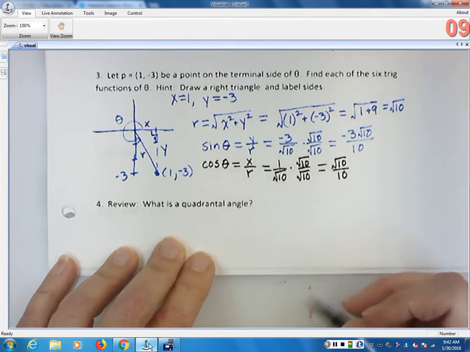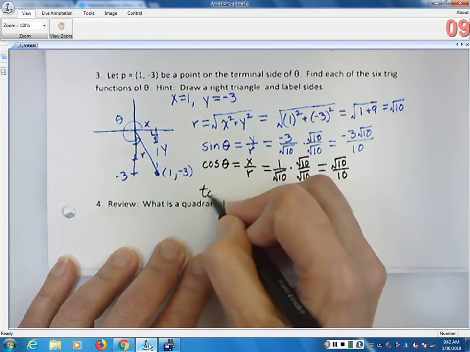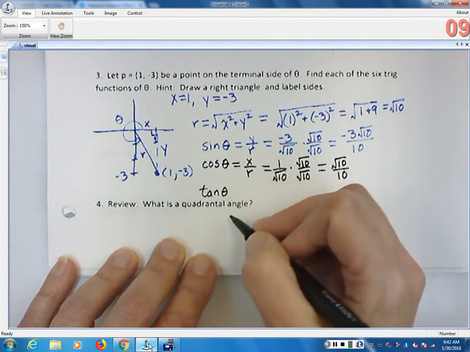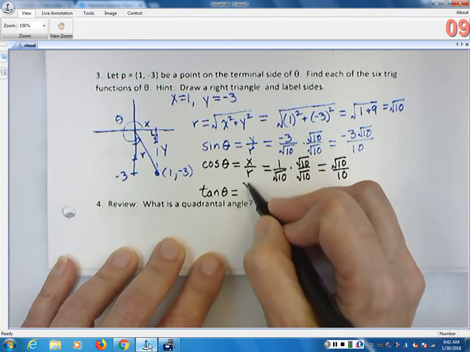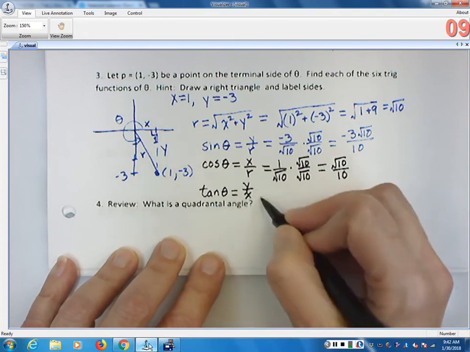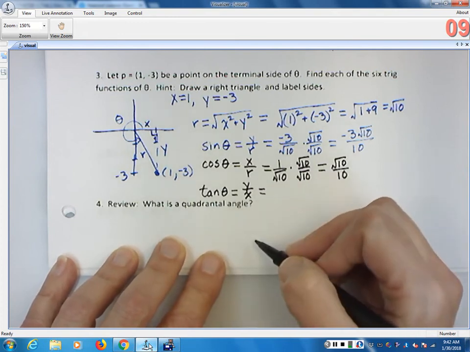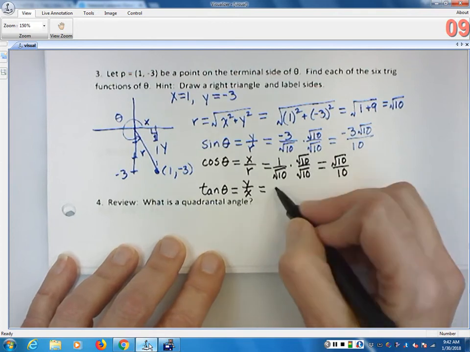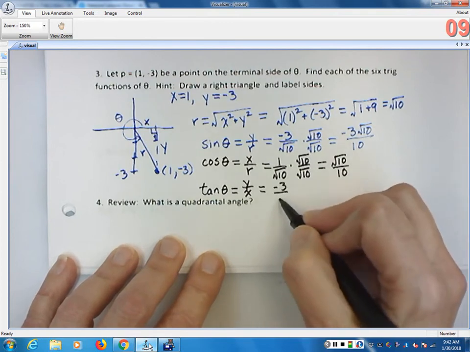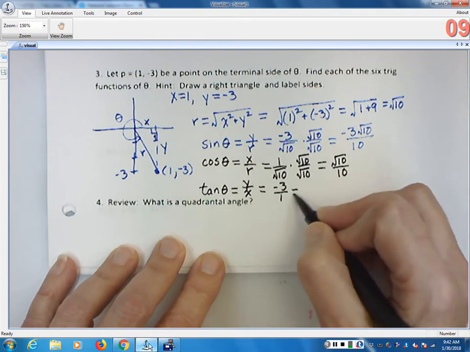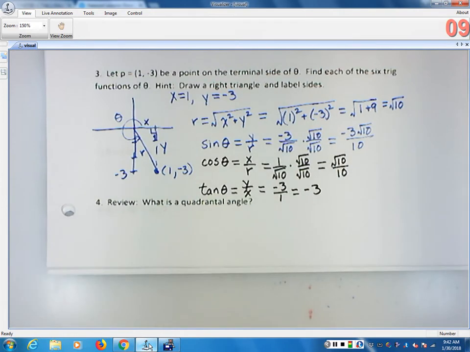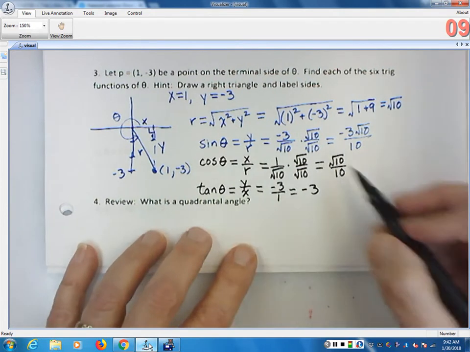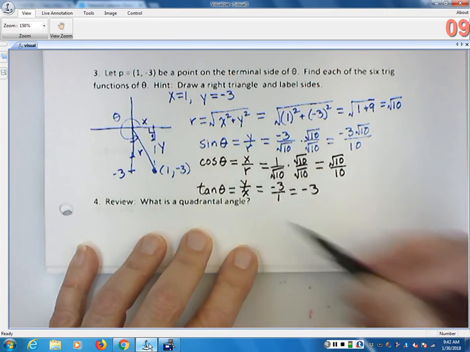Now, tangent theta, we could do sine over cosine, or we can use y over x. Y is -3, x is 1, we get -3. So now we found three of the trig functions: sine, cosine, and tangent.